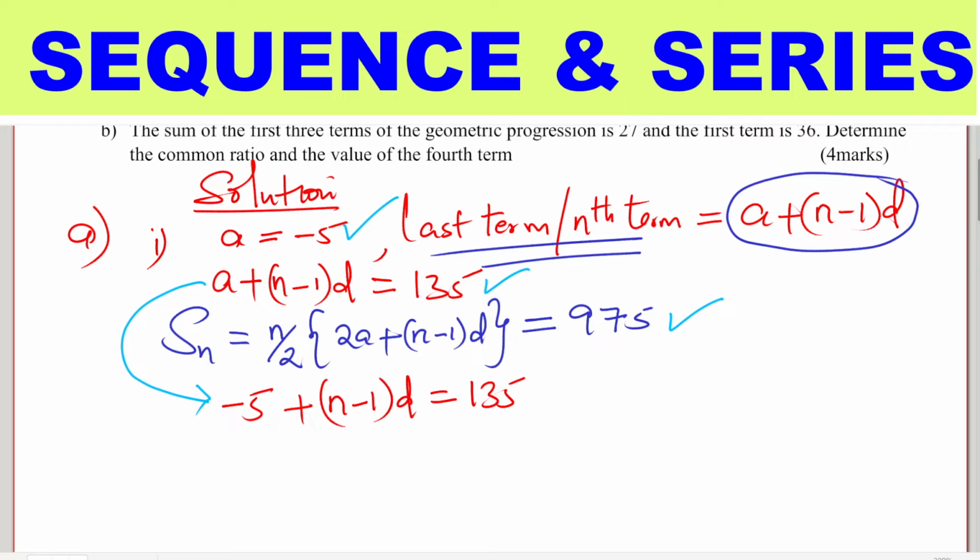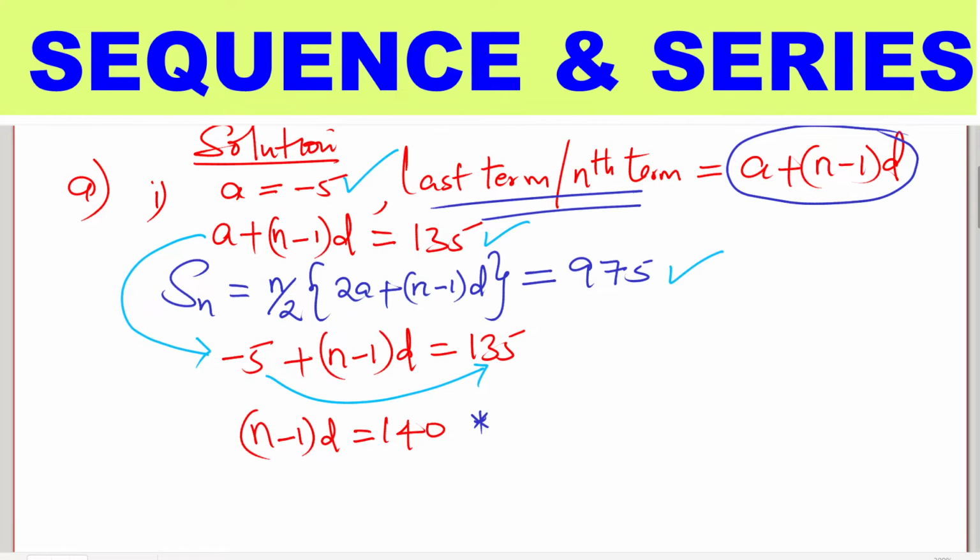And when you take -5 to the right hand side, this is what you're going to have. N minus 1 D is equal to 135 plus 5, which will give 140. So we hold on this one because here we have two unknowns. We need to use the other equation here.